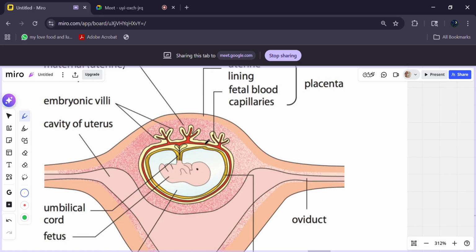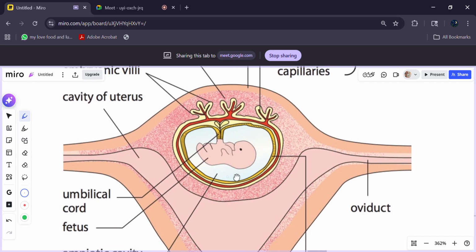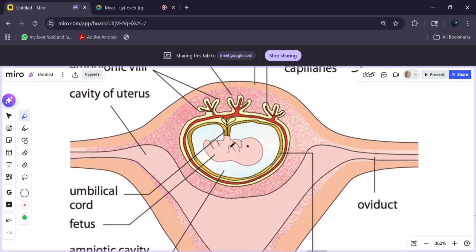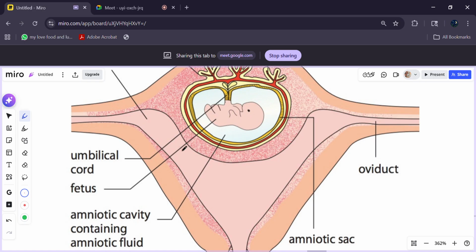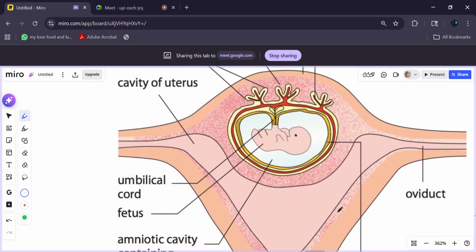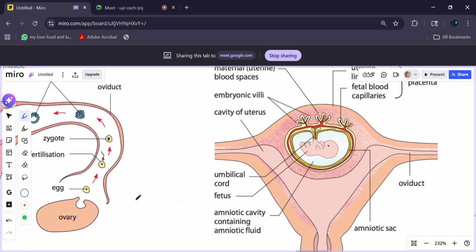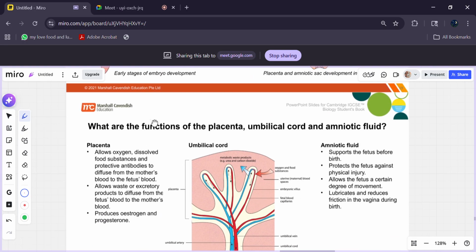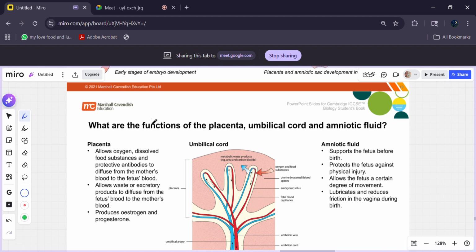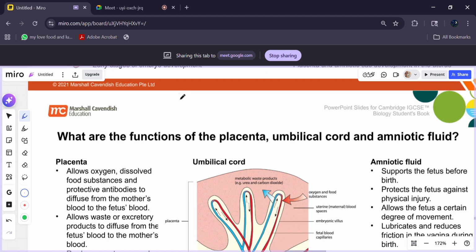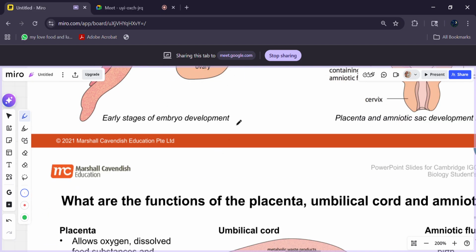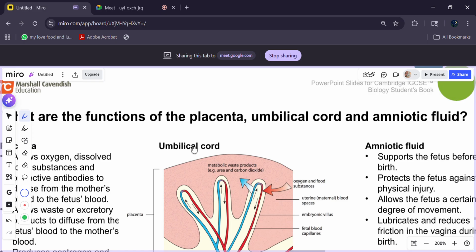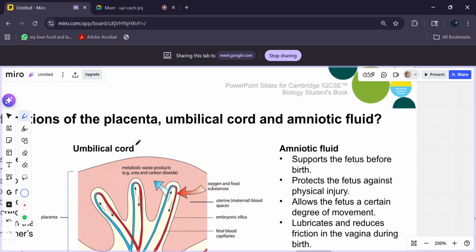A tube known as the umbilical cord attaches the embryo to the placenta. So this umbilical cord attaches the placenta to the fetus. Now that we understand this, let's quickly move on to the functions of the placenta, umbilical cord, and amniotic sac.